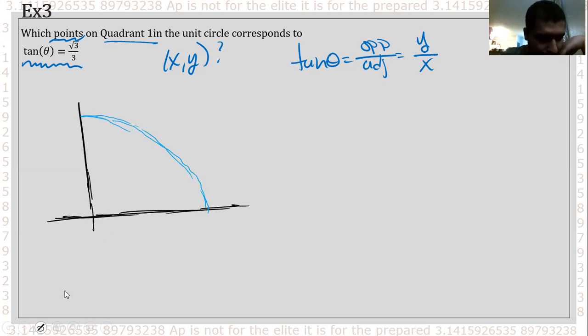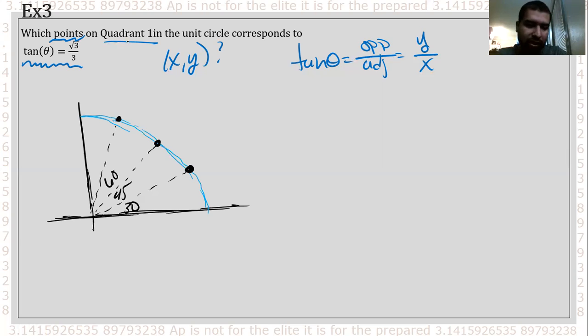I have the first point, which comes from our 30 degrees. Then the next one is from our 45. And then another one is from our 60. All of these give us points.